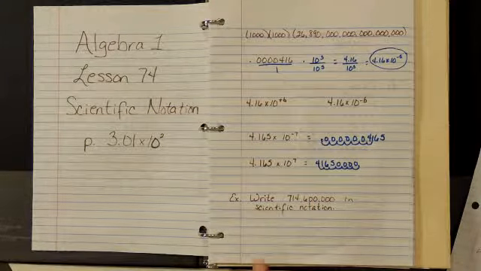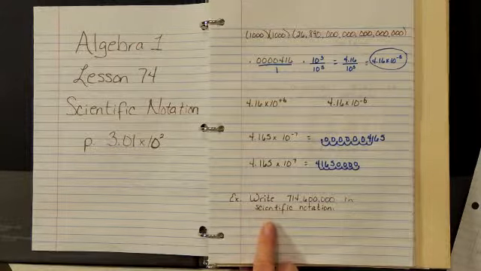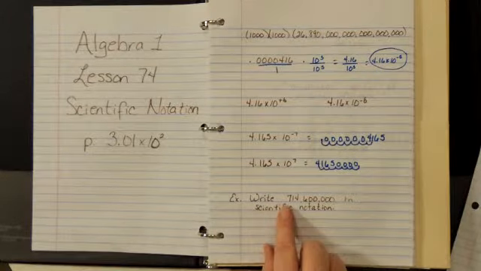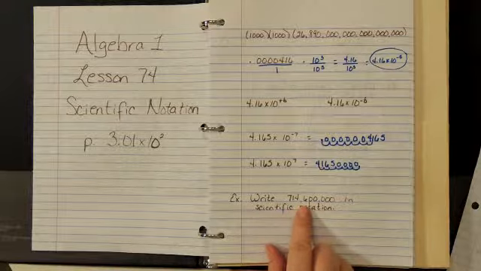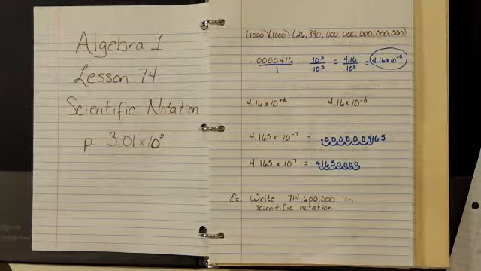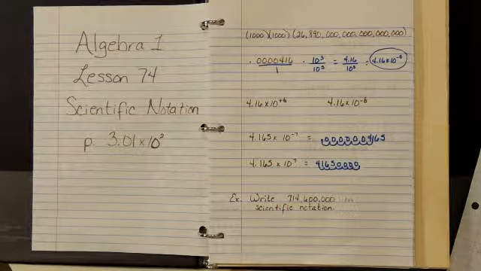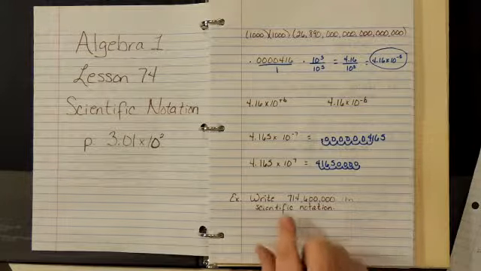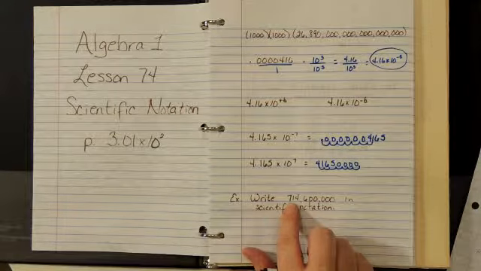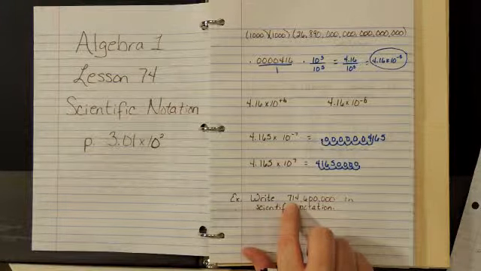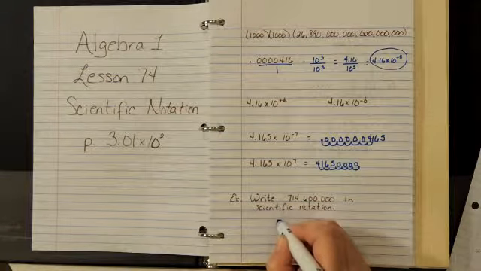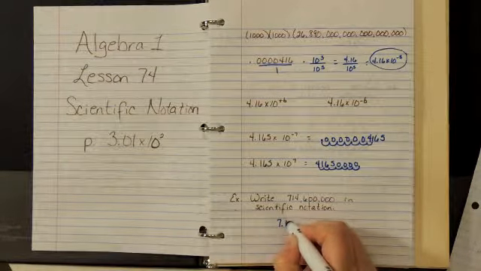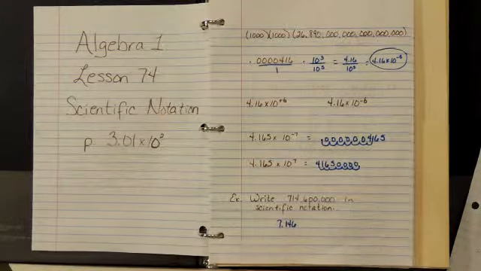Okay, so here's our first example. Let's write 714,600,000 in scientific notation. We want the decimal to go between the first two non-zero digits. So in this case, it will be 7.146.